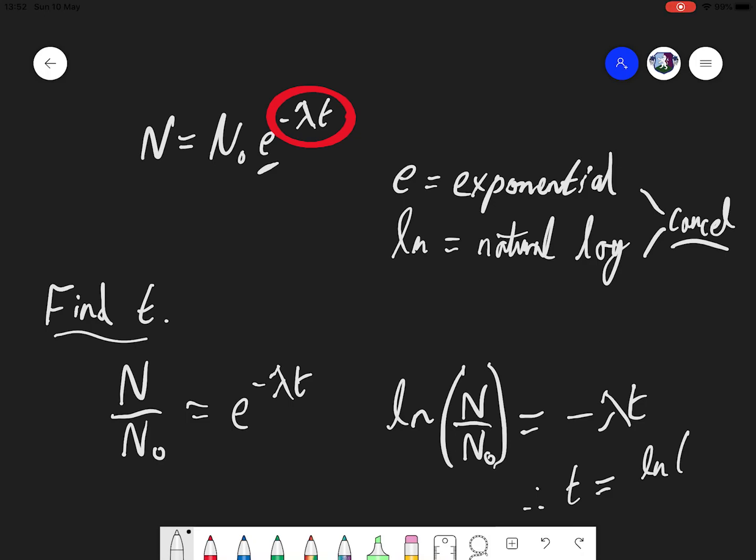So we end up with t equals ln of N over N naught, all over lambda, and we've had to move the negative over as well, so that whole side is also now negative. And that will give us the time taken for this change in the number of nuclei to occur.